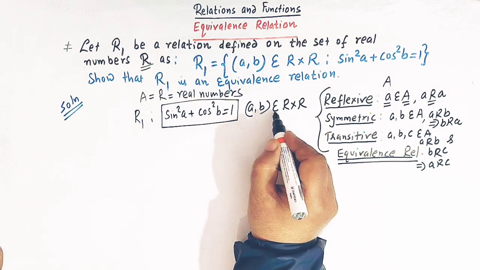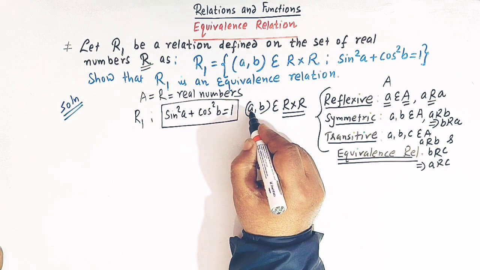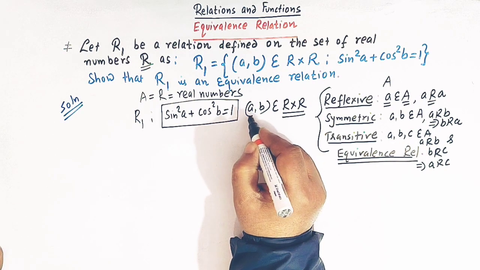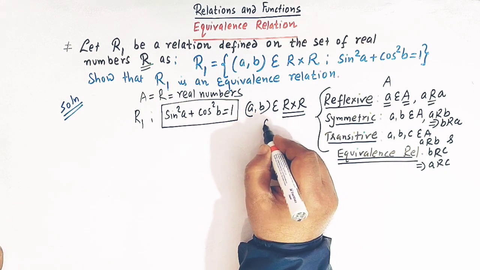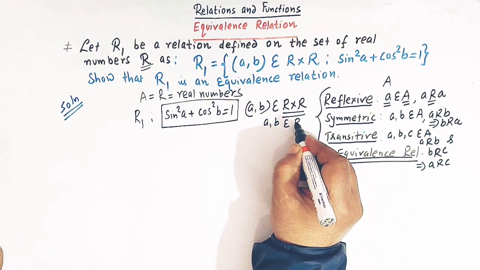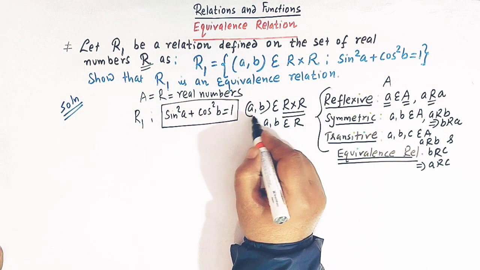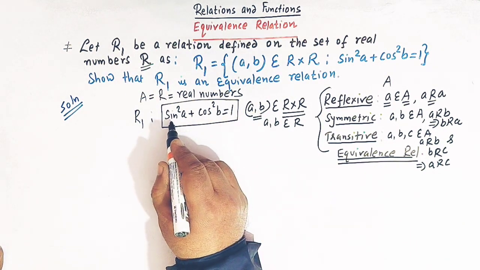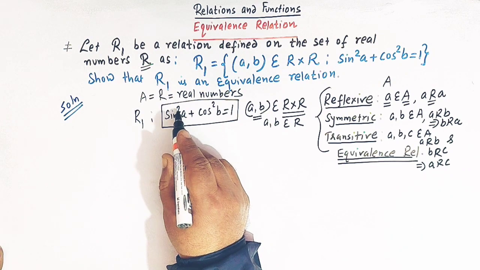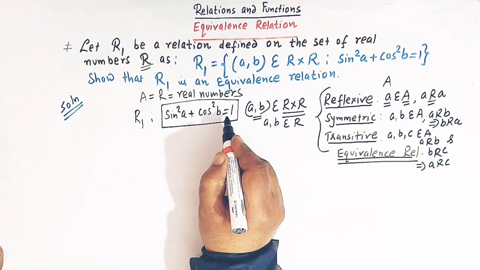This ordered pair has two numbers a and b belonging to the set of real numbers R, and it satisfies this relation, that is sin squared a plus cos squared b is equal to 1.